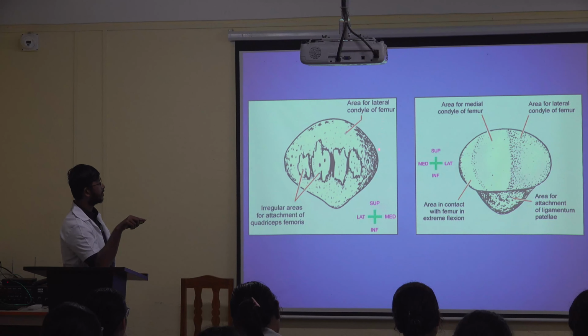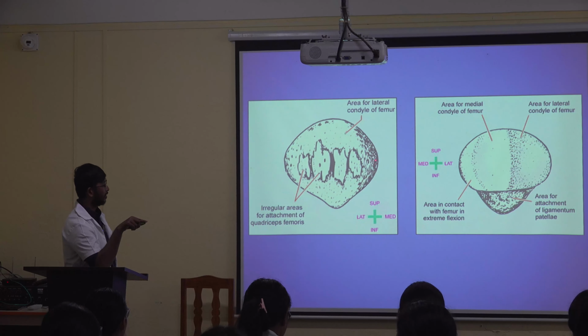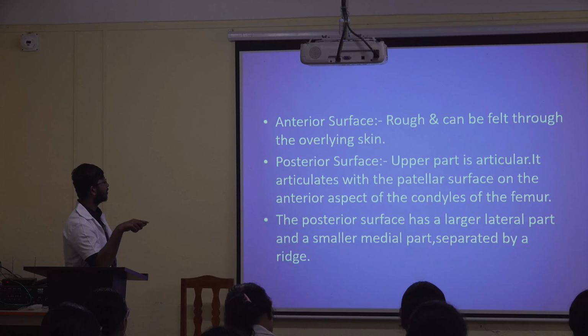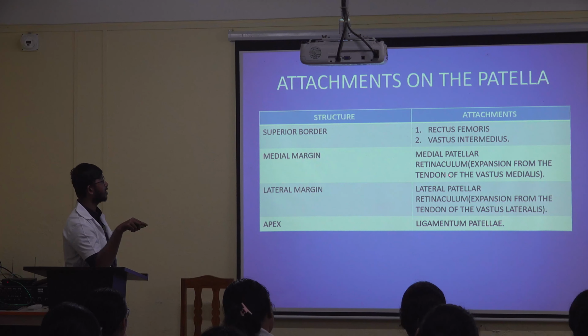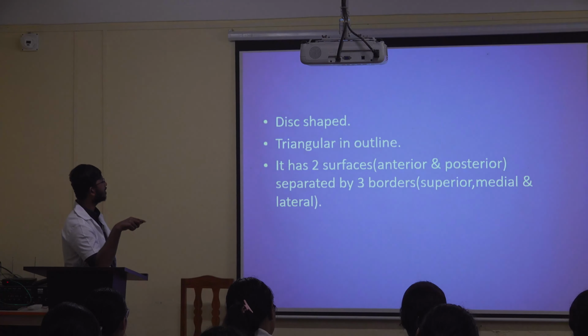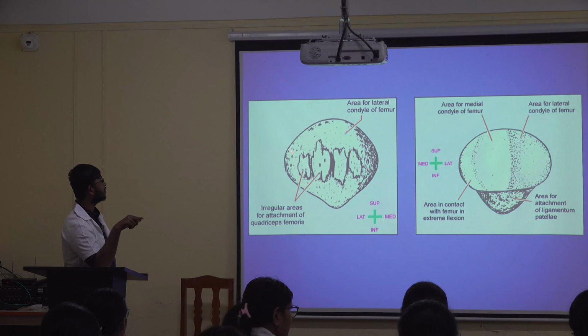The deep fascia comes downwards, crossing the muscle, and here the medial patellar retinaculum forms. Similarly, in the lateral margin, the lateral patellar retinaculum attaches.